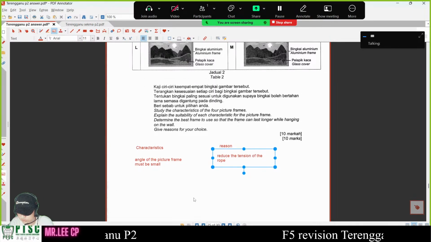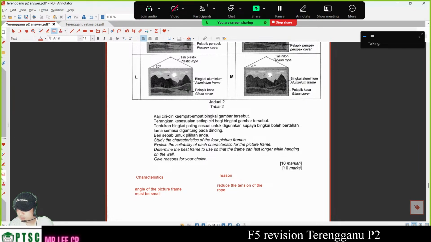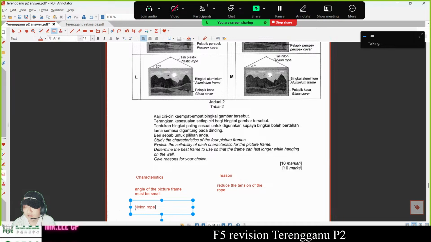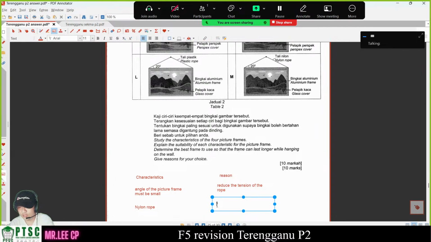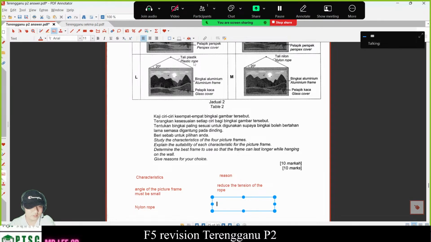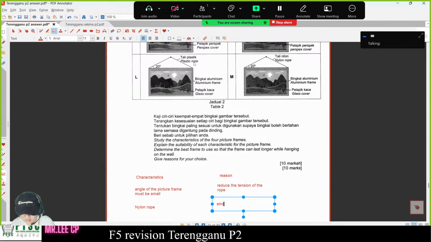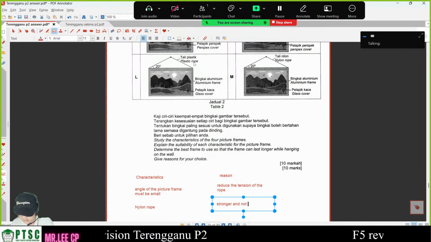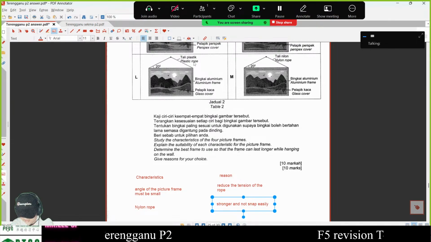Reduce the tension of the rope. Now the second one, it is nylon rope. I don't know how nylon rope compares to plastic rope, so I simply write: stronger and does not snap easily.